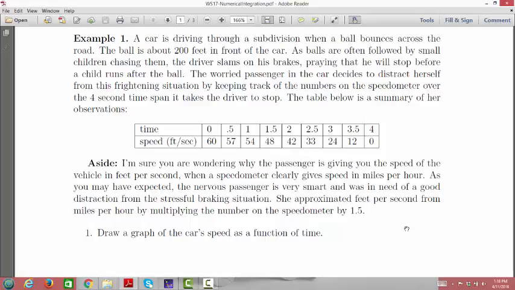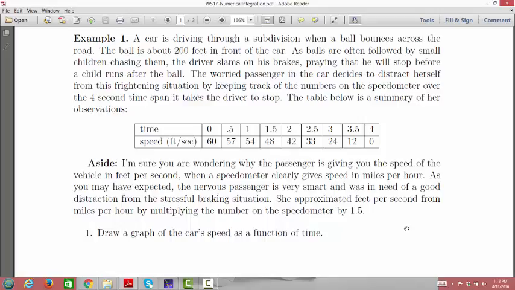So what we have is a rate. We have the way in which the number of feet the car is traveling at a given time is changing. The units that we have here are feet per second. And what we're interested in, ultimately, is the question of how far has the car traveled.